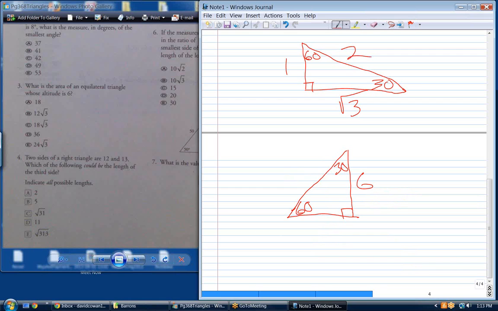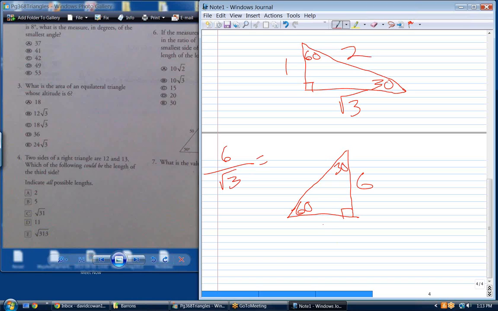Because these two triangles are similar, we know that the ratios of the sides are proportional, right? So what is opposite the 60-degree angle? 6. What's opposite this 60-degree angle? Root 3.